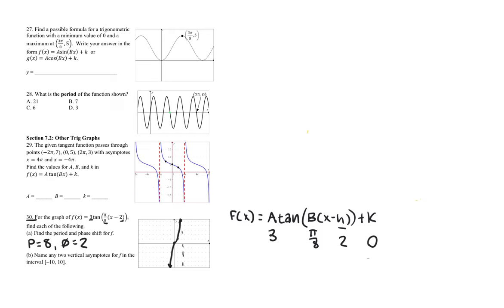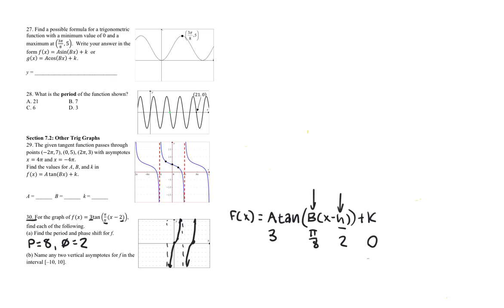And then we have asymptotes at pi over 2, negative pi over 2, etc. So that's what our original tangent graph looks like. But now we have these transformations. So we know that the only transformations that are going to affect these asymptotes, since they are x values, are our horizontal stretch, which is our b value, and then our phase shift, which is our h value.